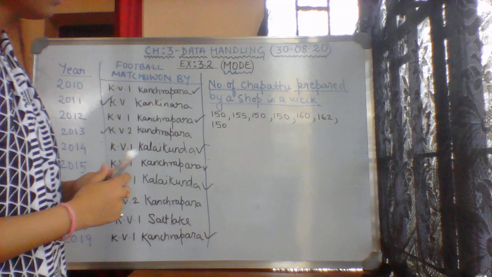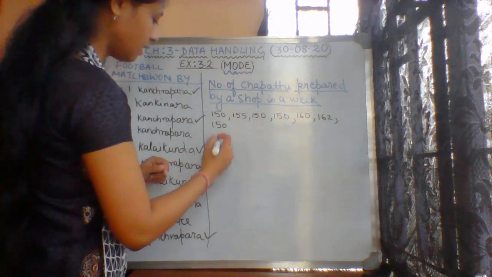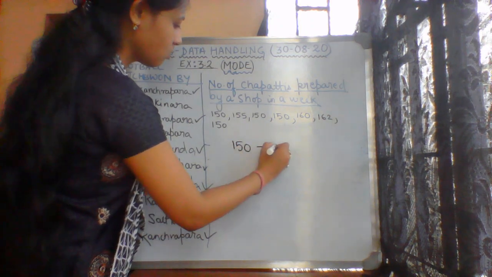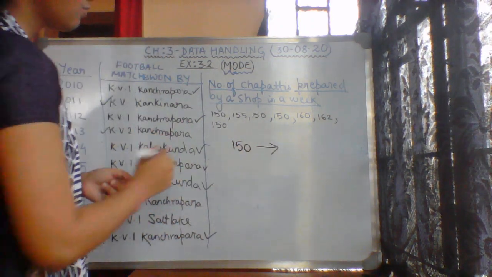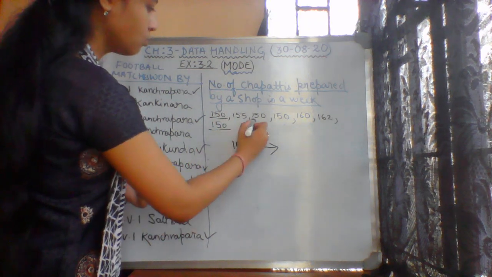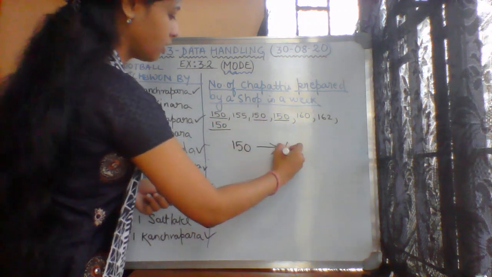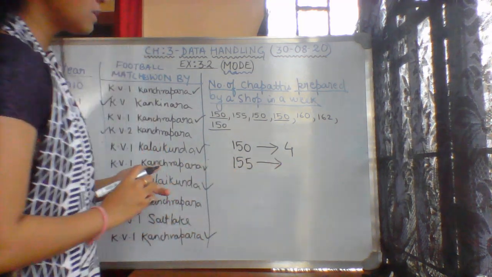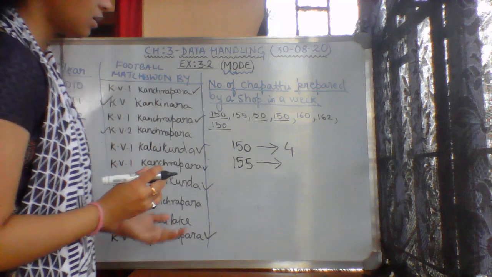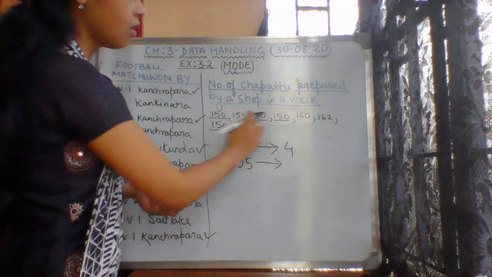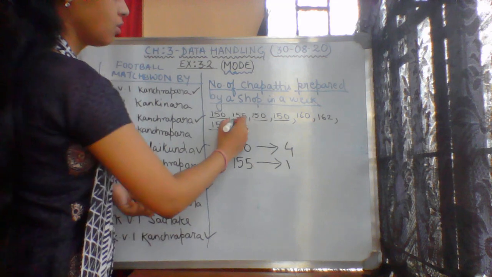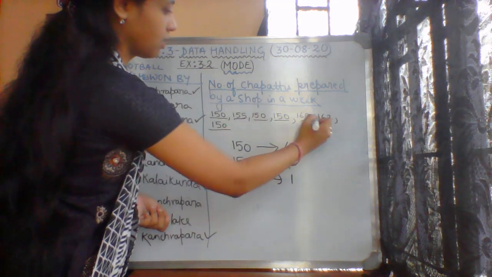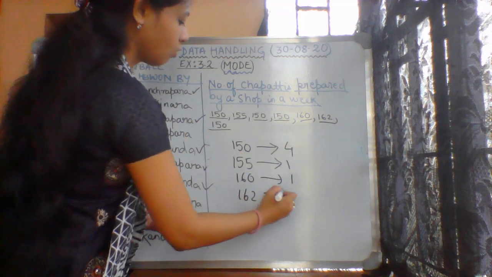Now, just like that table, you make this one. Observation 150: how many times is 150 coming? 1, 2, 3, 4. 4 times. Then 155. What is the frequency of 155? Only one. Now 160, only once it is occurring. 162, only once.